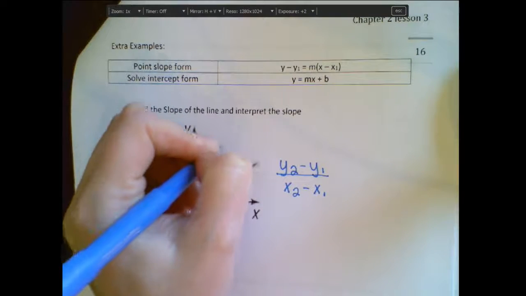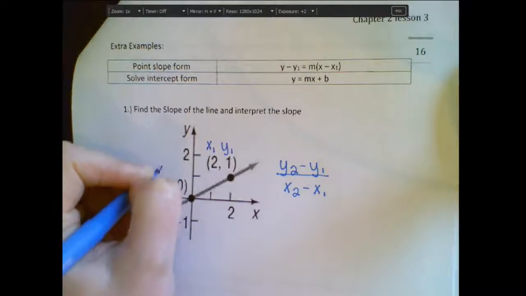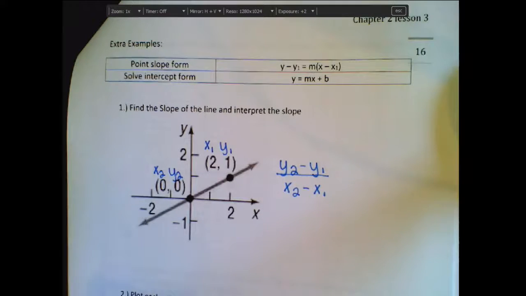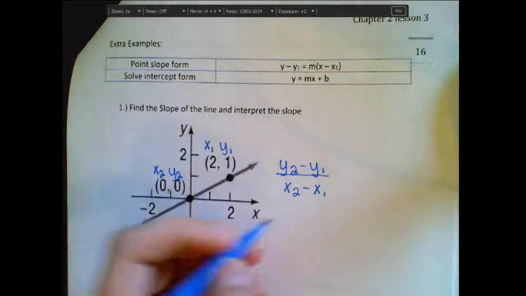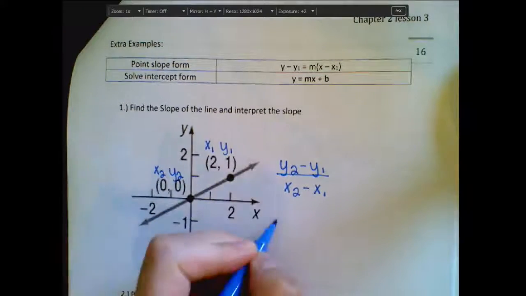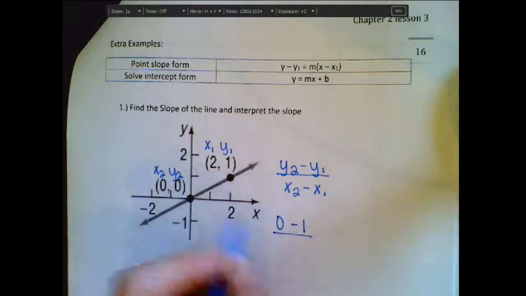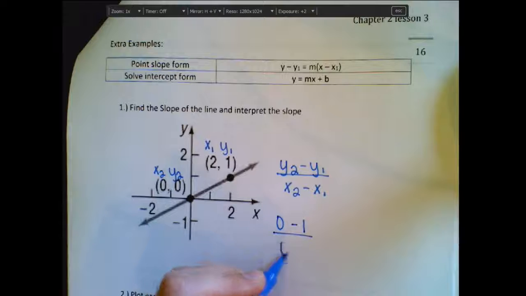This one was on the top, so I did this one as 1. So x2, 0 minus 1, and then 0 minus 2.